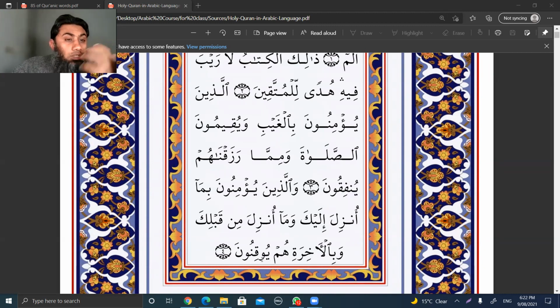You might notice that yukinuna in Arabic is a fail, but I am translating it like an ism. That is the problem of languages. Otherwise, yukinuna is a complete verbal sentence on its own, meaning they have yakin, or they have certainty. Hum is the mubtada, yukinuna is a complete jumla khabar.